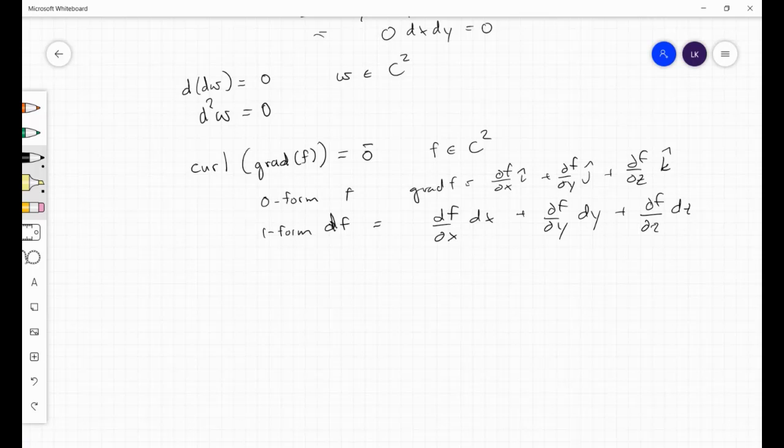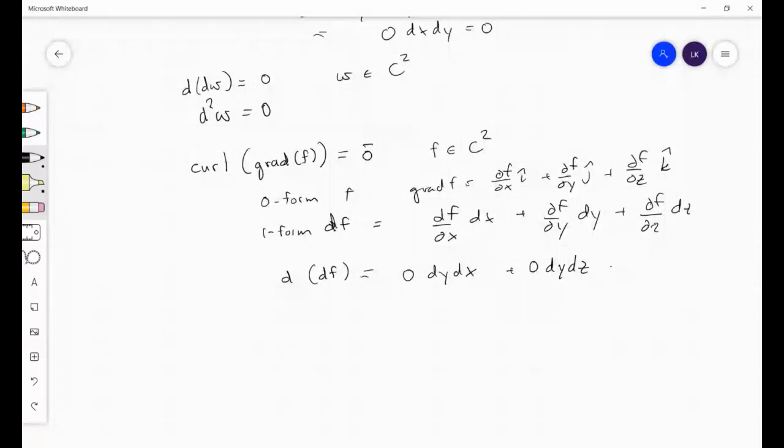And now you have a 1 form, and you can associate taking a curl of a vector field with taking the exterior derivative of a 1 form, right? And then we know that should be 0, a 0 2 form, if you'd like. So you can actually prove a lot of identities that are difficult to prove using differential forms.